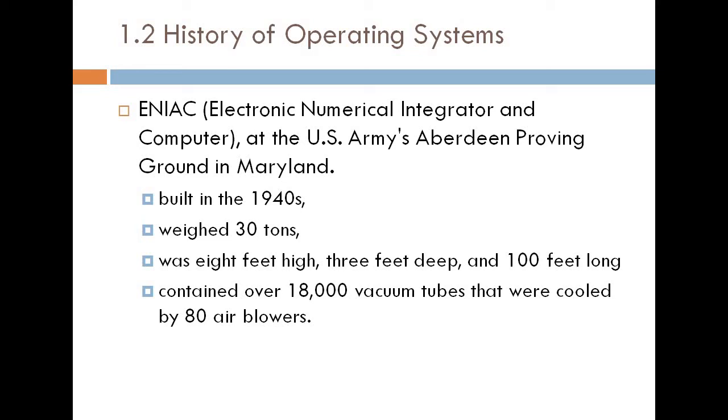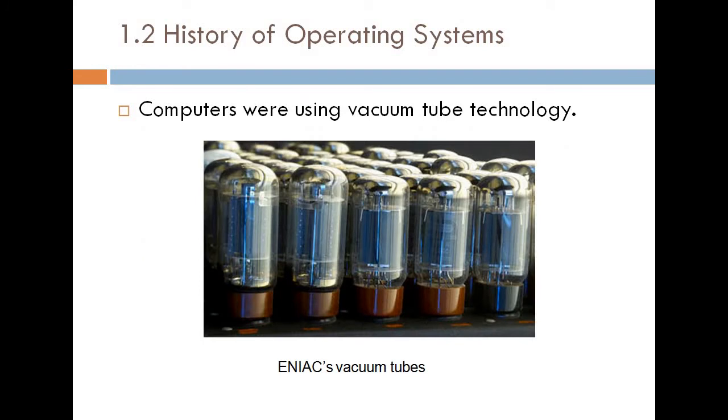Built in the 1940s, the ENIAC machine weighed 30 tons. These are the first generation of computers. This shows the size of a computer system at that time.